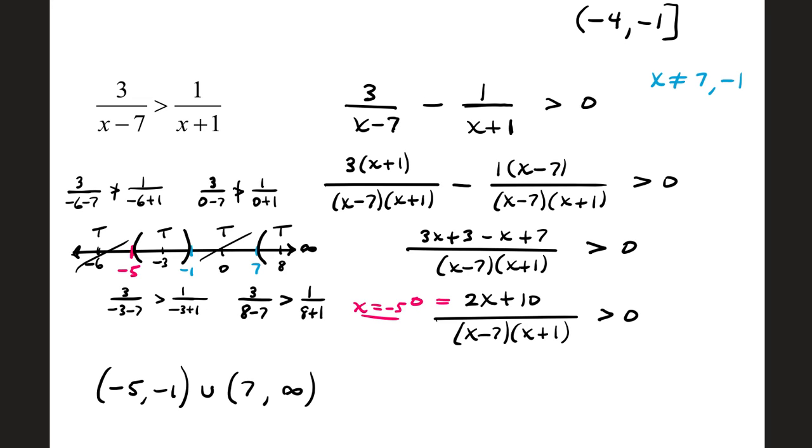And then finally, we tested a fourth interval. We used an 8. 3 over 8 minus 7 is greater than 1 over 8 plus 1. 3 is greater than 1/9. So we kept that fourth interval of numbers, which is 7 to infinity.